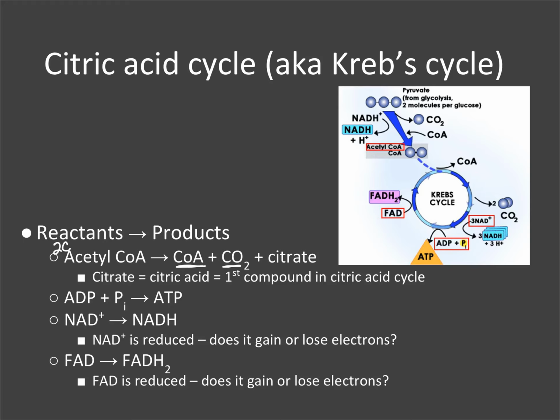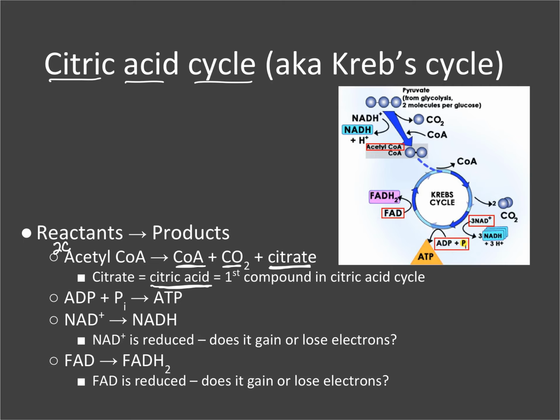So we lose another carbon here in the form of carbon dioxide. Now that acetyl-CoA combines with a molecule in order to form another molecule called citrate. And citrate is also known as citric acid, which is how we get the name citric acid cycle, because the first compound produced in the cycle is citric acid.